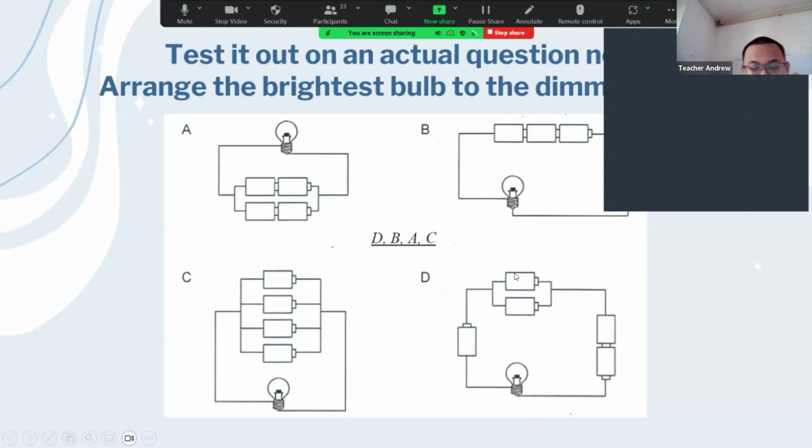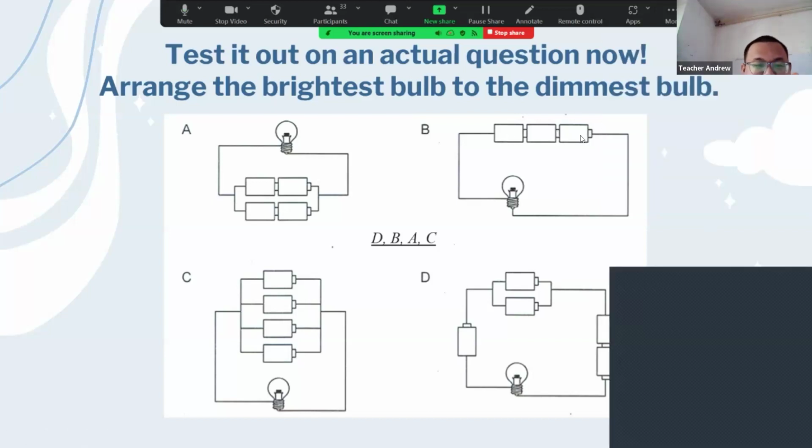So for D, I have 1 here, 2, 3, and 4, because this battery is split into parallel. D is the brightest because D has 4 batteries. Followed by B. B is the second brightest because there are 3 batteries here. Next up, A, because there are 2 batteries, and lastly, C is one battery.